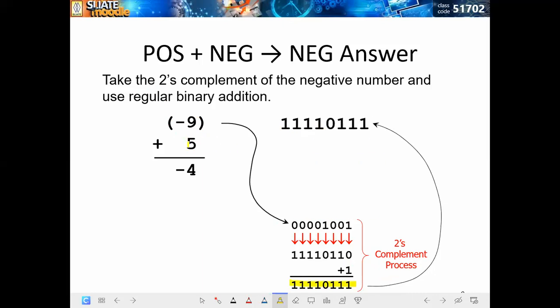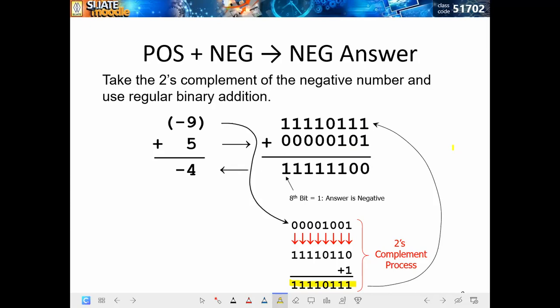Right. Then for the 5, we don't need any 2's complement value, right? Even if you try to get the 2's complement value, you will get the same one. Then when we add those together, 8 bit equals 1. That means the answer is negative.